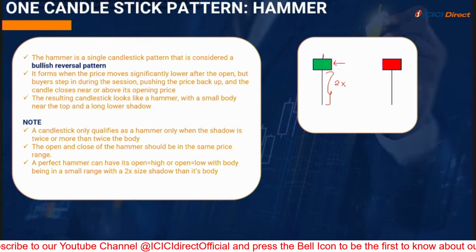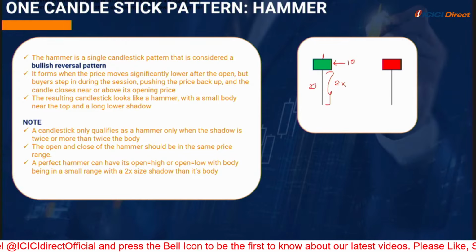So your hammer should have a lower shadow which should be minimum 2x of your body. So if your body is 10 points, then this should be minimum 20 points. Without that you cannot call it a hammer. It should have a very small upper shadow. It cannot have a long upper shadow, or else it will again get into the term of a doji.